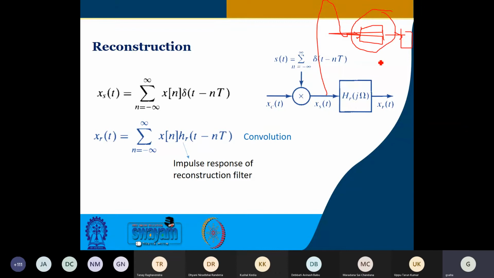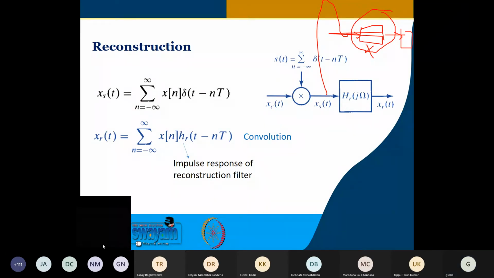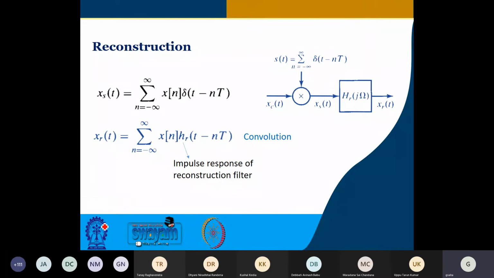Otherwise, the whole thing has no meaning. Why are you doing all the stuff? But for the time being, we are not considering it. We are just looking at the case that it is sampled and then we are just reconstructing it. This R subscript stands for reconstruction, so this is a reconstruction filter.